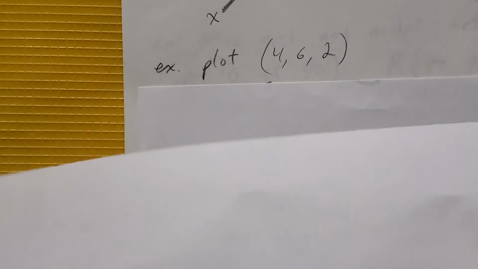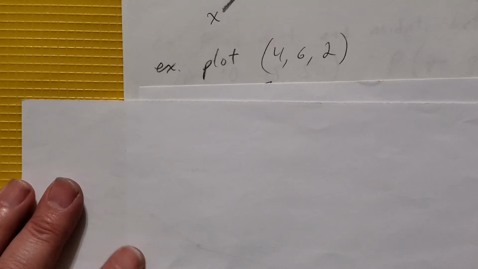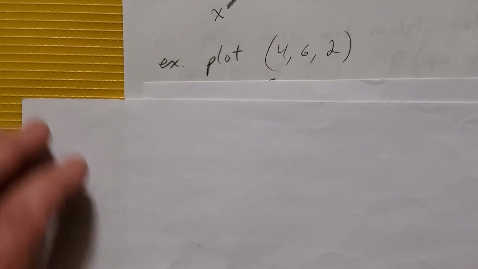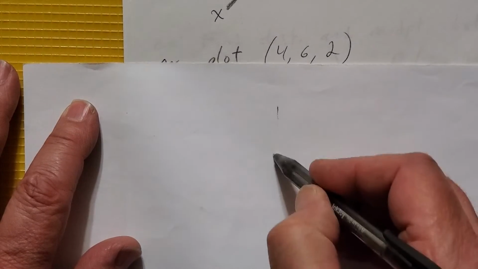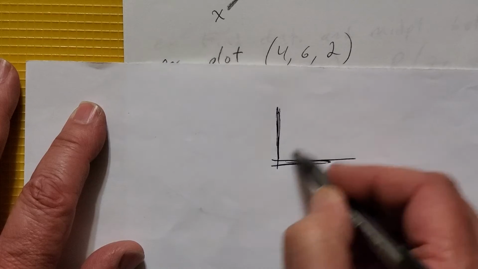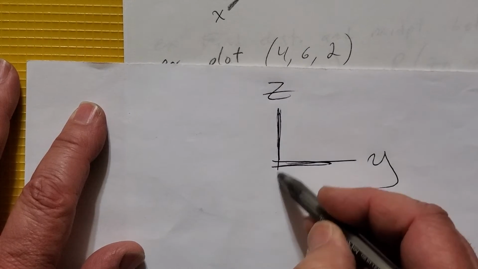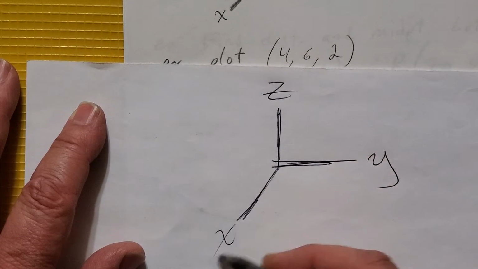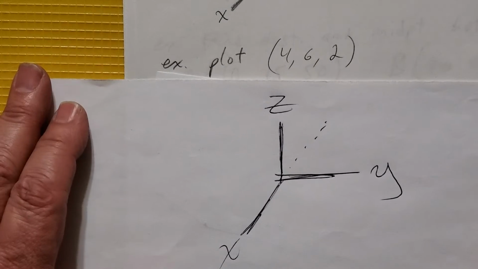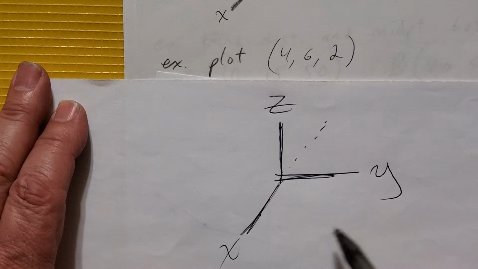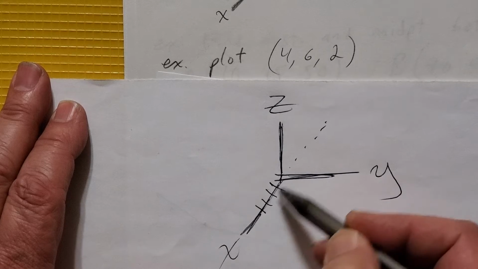So first thing we're going to do is draw. First I'm going to do it really sloppy. Underneath here I have a neater one. Basically, here is the z and the y, and this would be the x coming towards you. And that'd be going back. So we want 4 for x. So 1, 2, 3, 4 coming towards you.